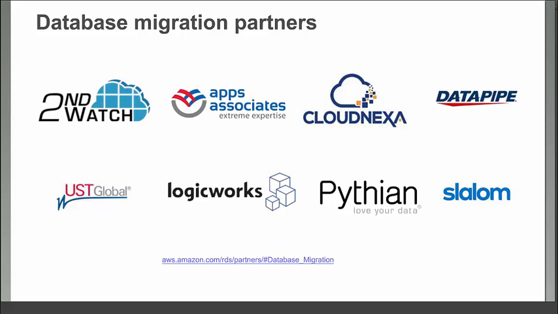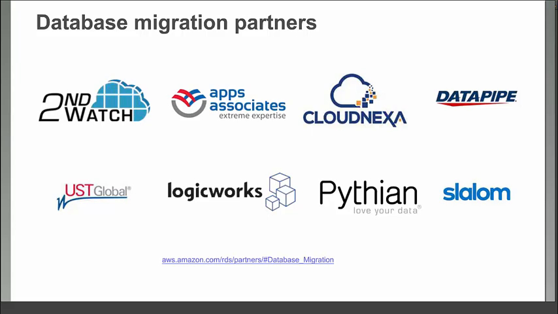To help customers with their database migration projects, we have partnered with several great solutions integrators. These folks have specializations in different areas, and are certainly able to support a multitude of use cases our customers can throw at them.